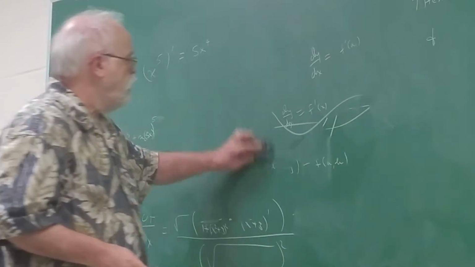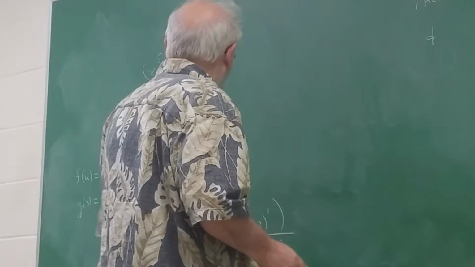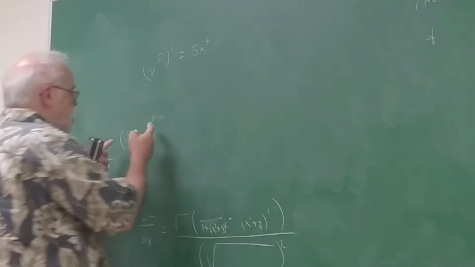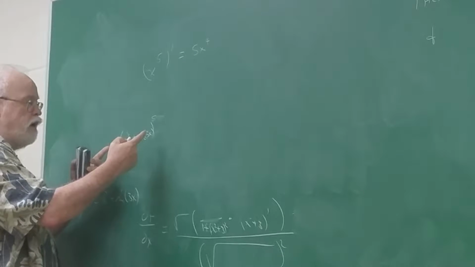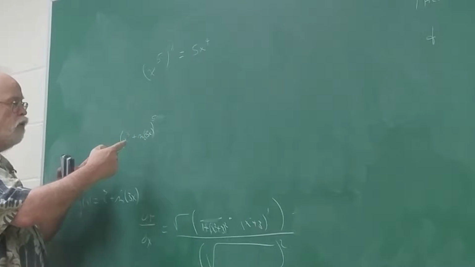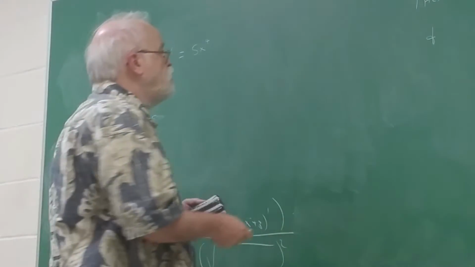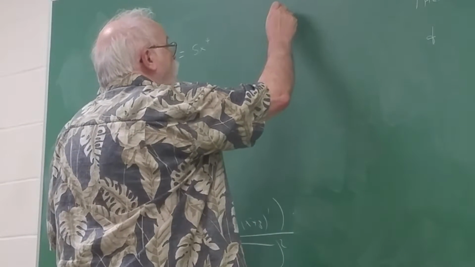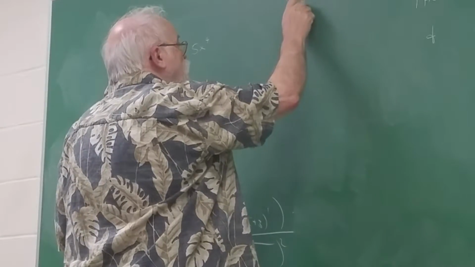So abstractly, if I wanted to work this one out and I did not know the chain rule, or I didn't know the power rule with the u prime in it, then I would say, okay, I've got one function, and I'm going to call it f of u.